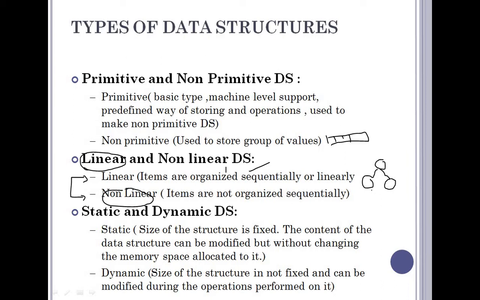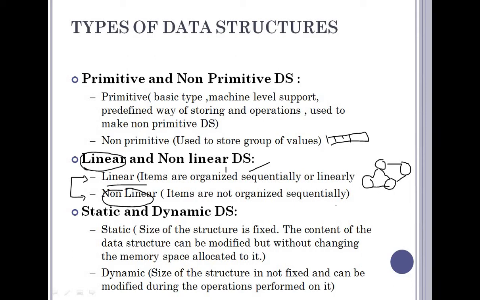For example, trees and graphs, where networks are going to be represented in the form of a graph. So these are examples of the non-linear data structures. Also, linear data structures are simple, while the non-linear data structures are complex. So in this way you can categorize the data structures into the linear and the non-linear type.